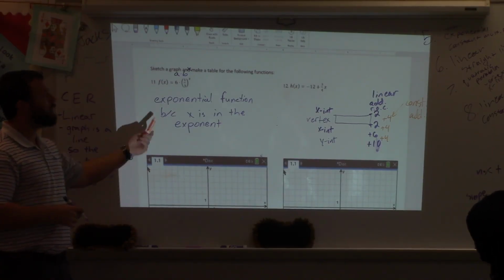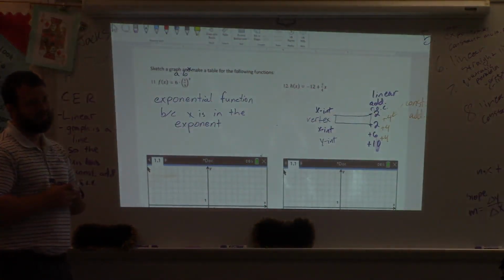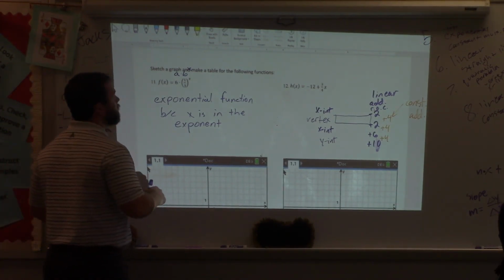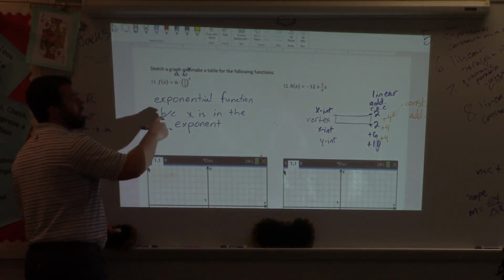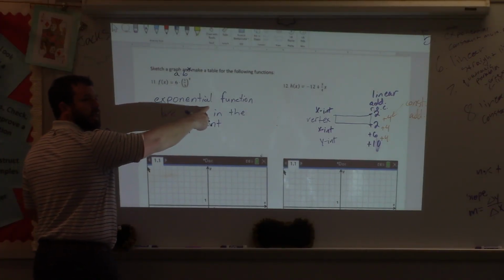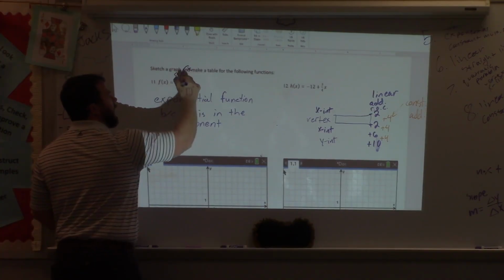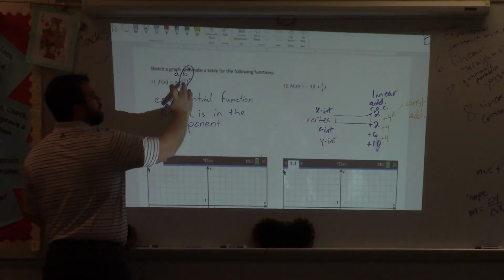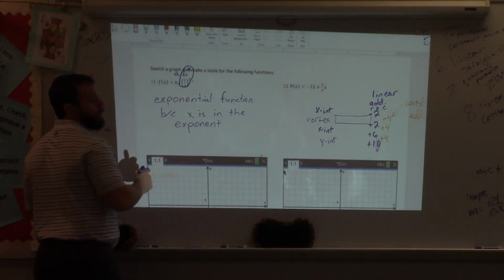Okay, let me ask a different question. Remember, this is an exponential, right? Hey guys, what does an exponent tell us to do? Multiply. Not just multiply. What type of multiply?